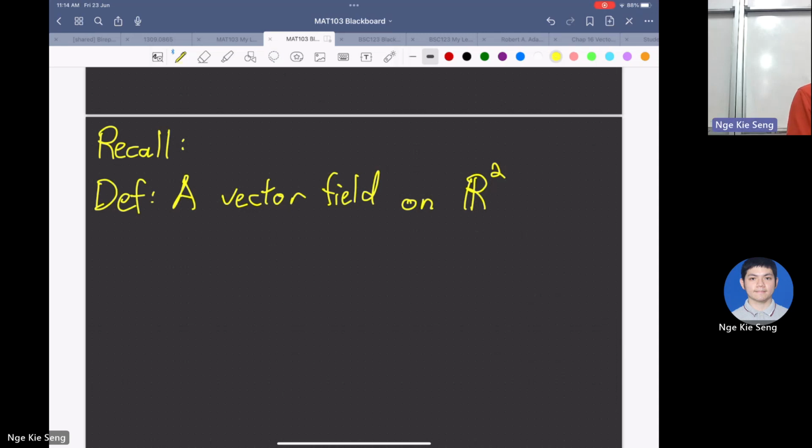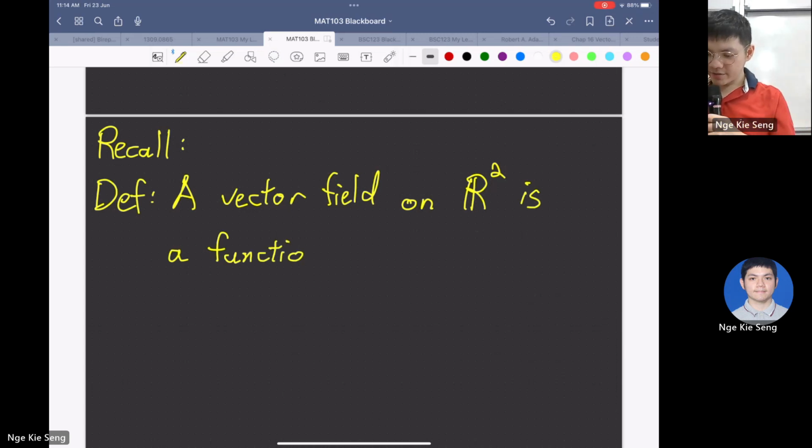Okay, so it's a function. Let's say it's a vector field on R2. For a function, you need to tell me the domain and codomain. So it's a function from where to where, if it's a vector field on R2? R2 to R2.